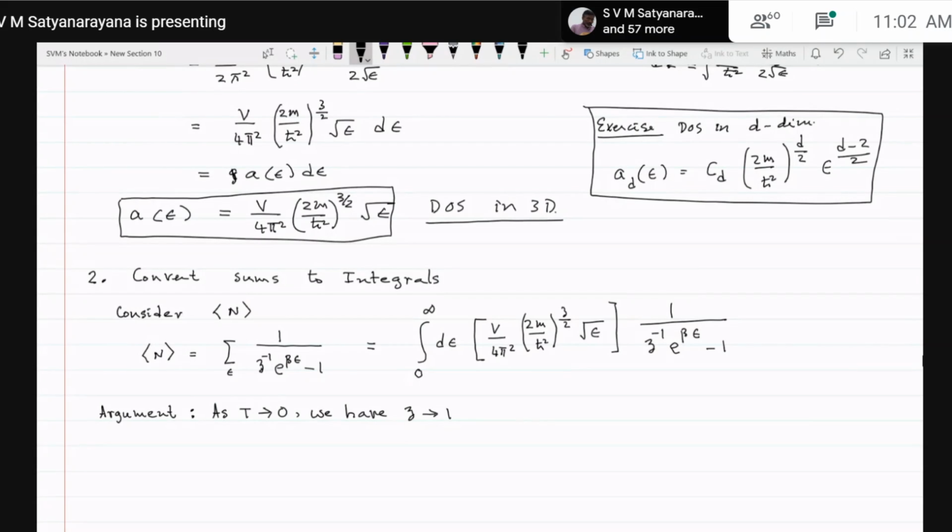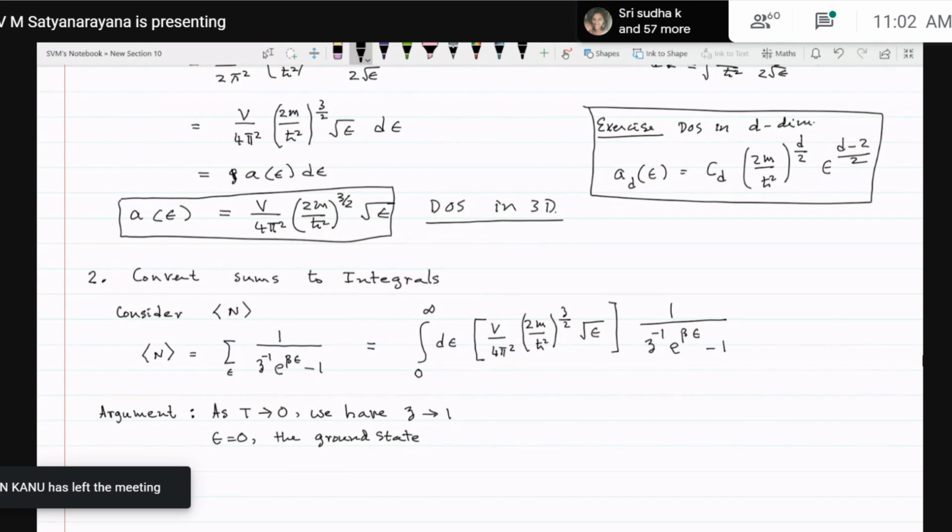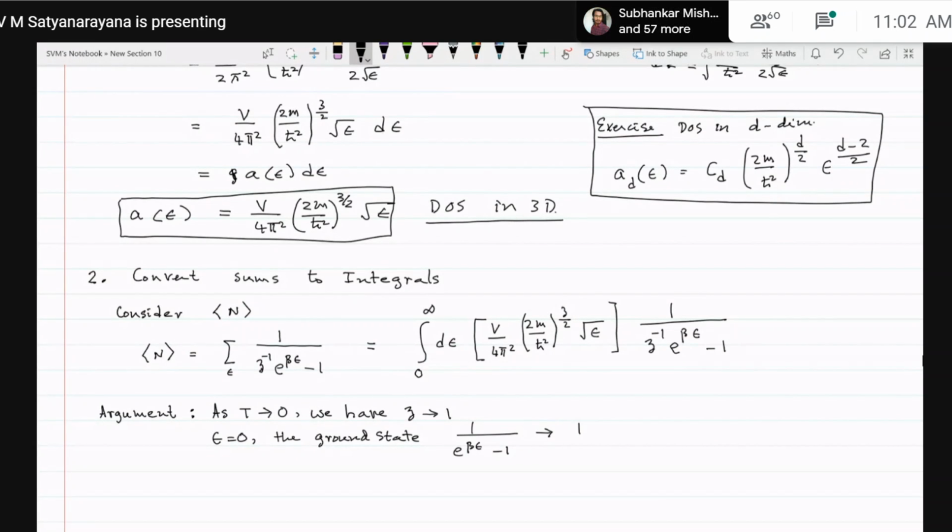Now, if you consider the ground state, that is epsilon equal to 0, then this term 1 by e^{βε} minus 1 is like 1 over 0, because epsilon equal to 0 gives 1 minus 1.